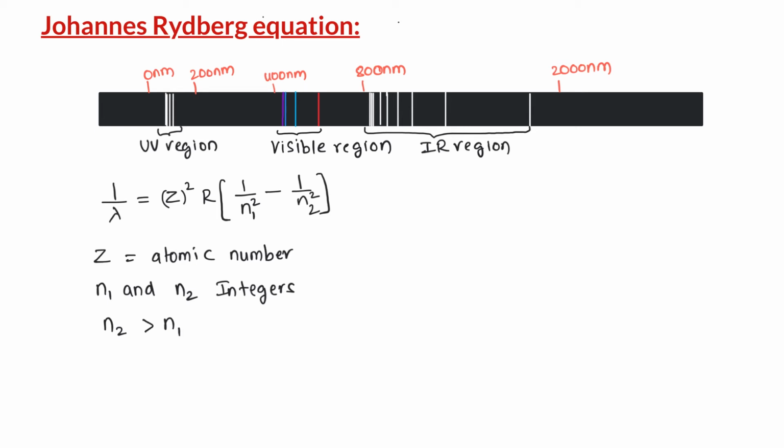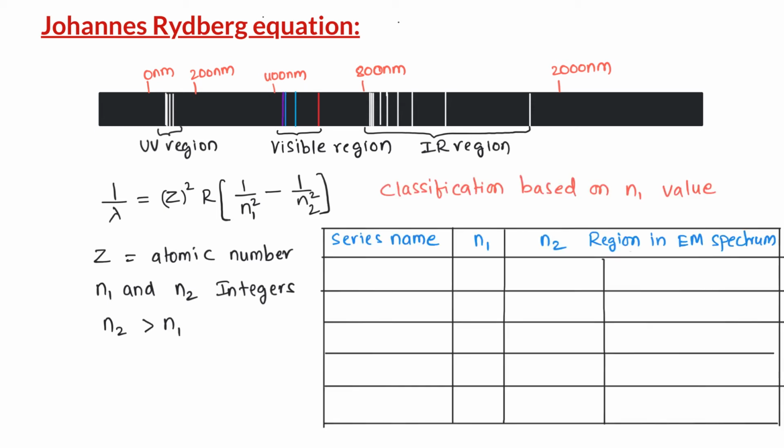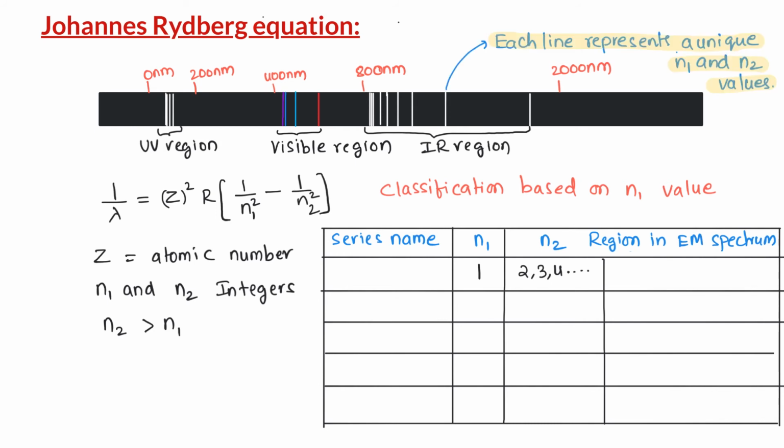The spectral lines in the hydrogen atomic spectrum are classified into several series based on the value of n1. For n1 equal to 1, the possible values of n2 can be 2, 3, 4, and so on. Each combination of n1 and n2 values gives a line on the emission spectrum of hydrogen.